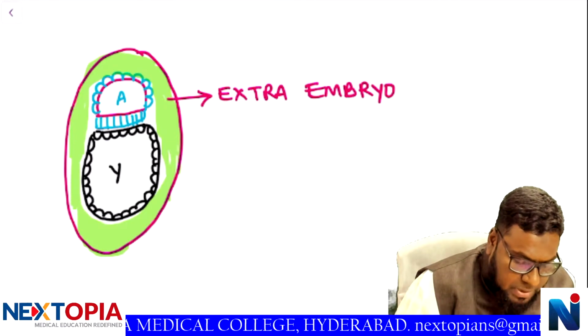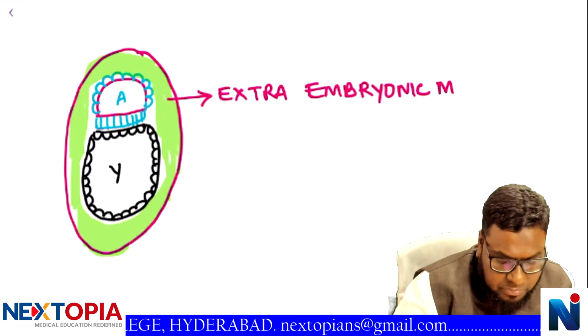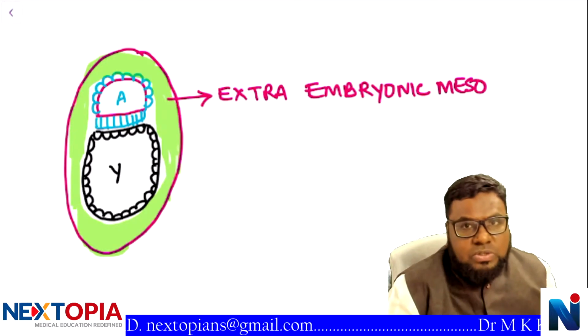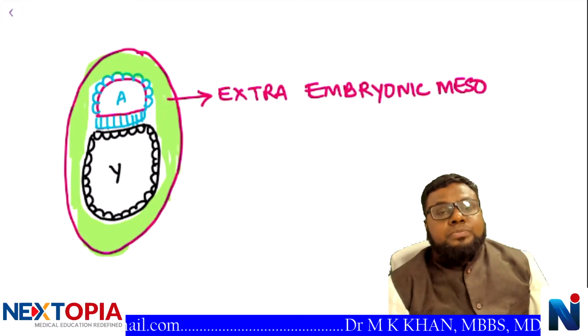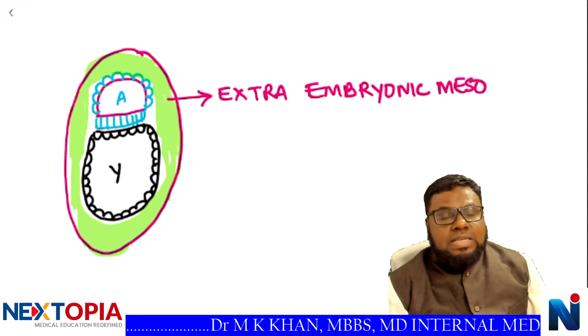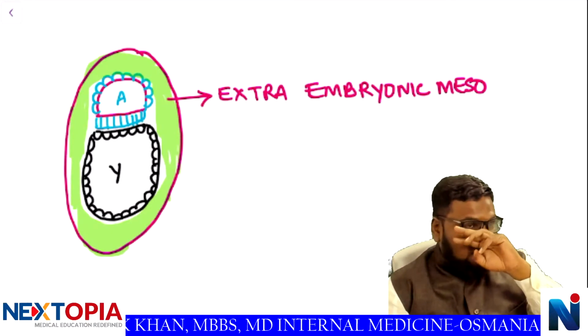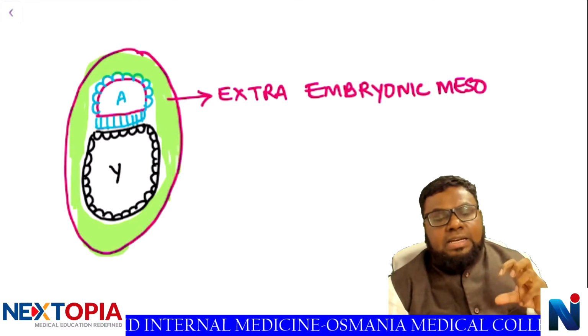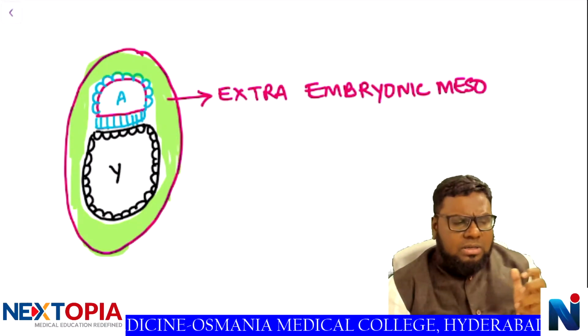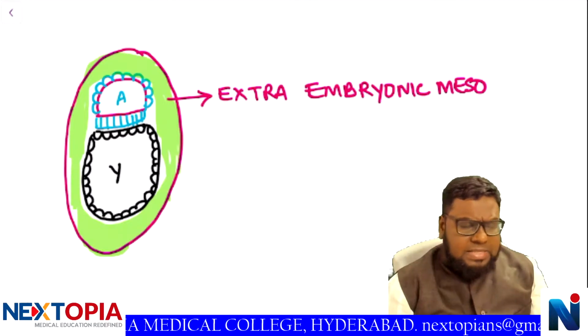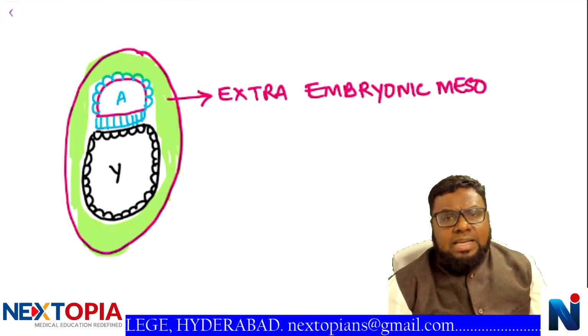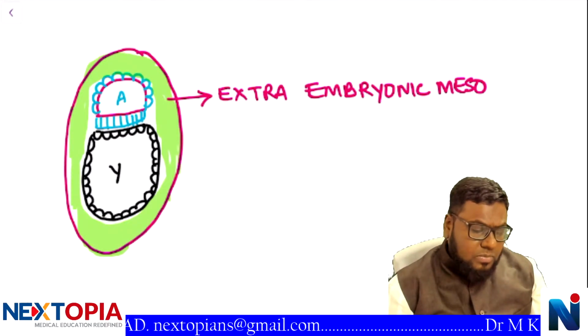What is the important property of this extra embryonic mesoderm? It develops a coelom in it. Coelom is nothing but a pocket of air in it, an empty cell-like area in it.